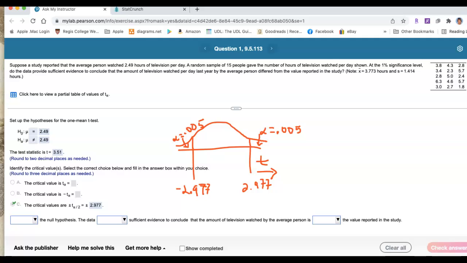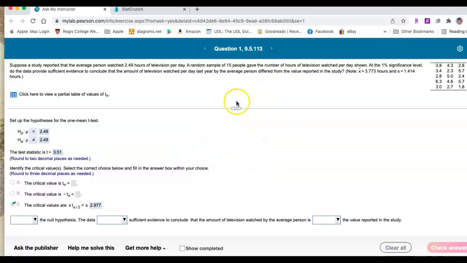But because it's beyond the critical value, we do reject the null hypothesis. And the way you state this is: reject the null hypothesis. The data provide sufficient evidence to conclude that the amount of television watched by the average person is different from the value reported in the study.